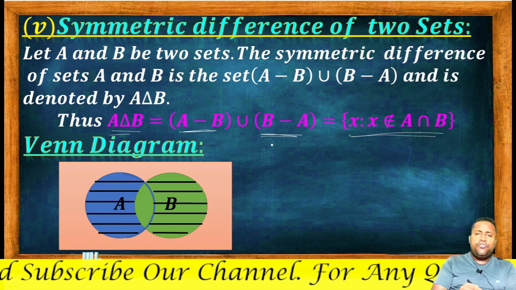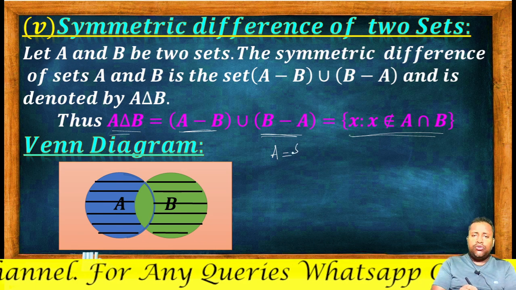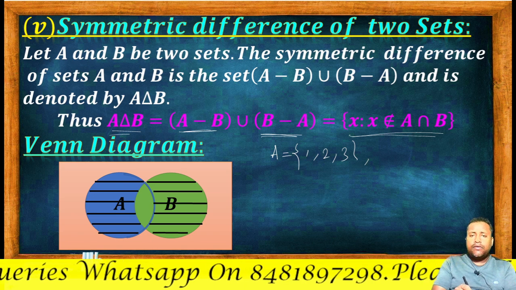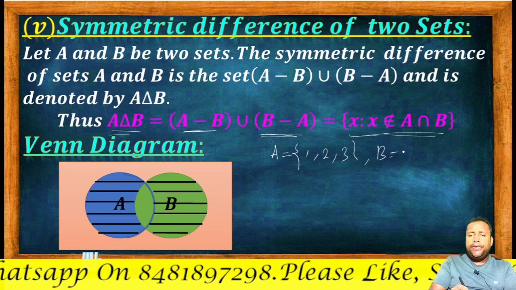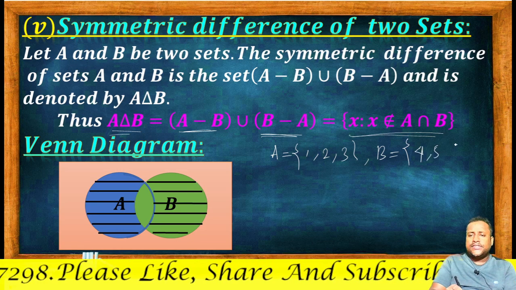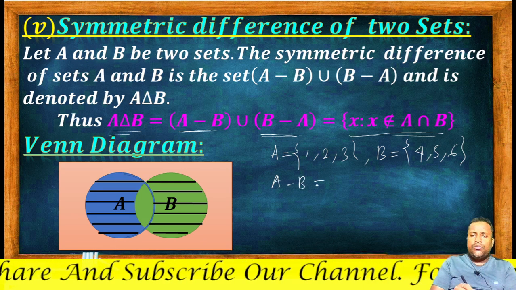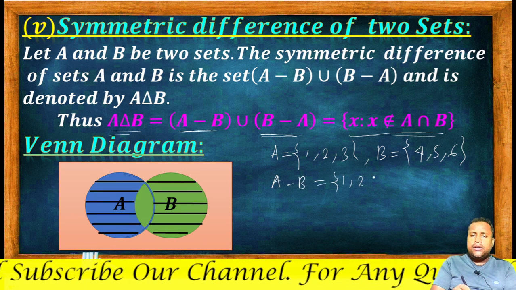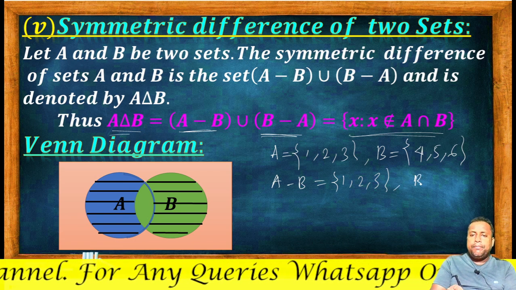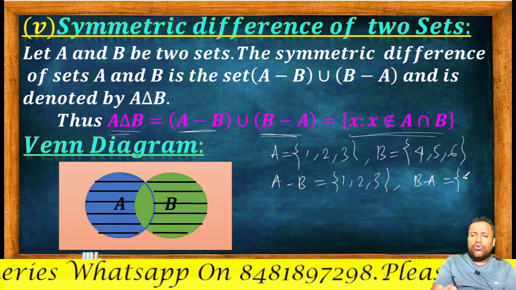Say if we consider an example by roster method, let A equal to {1, 2, 3} and B equal to {4, 5, 6}. So in this case A minus B will be {1, 2, 3} and B minus A will be {4, 5, 6}.